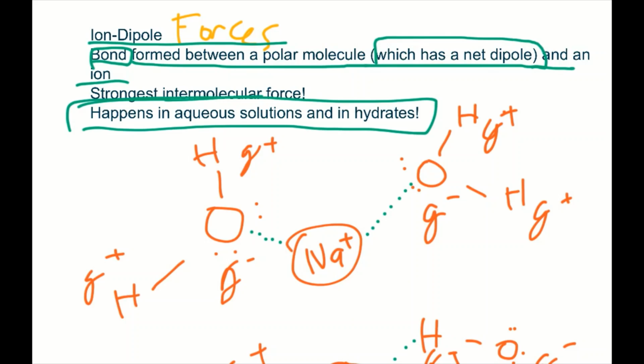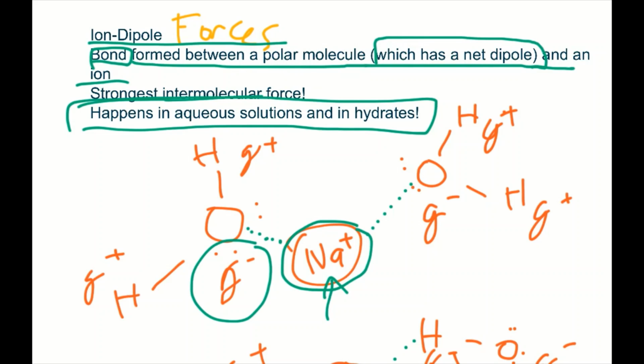So an Na plus cation in solution can interact with water molecules around it, and water molecules have a partially negative end on the oxygen, and these ends can attract or be attracted to the positively charged Na plus.